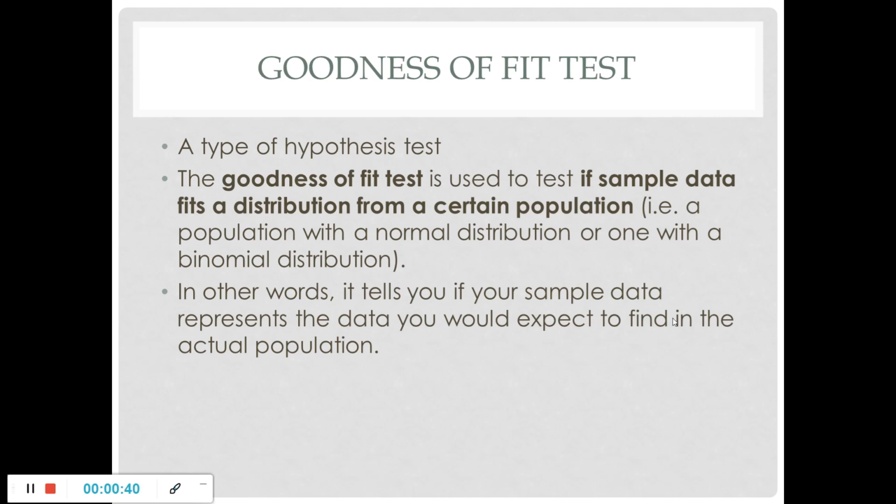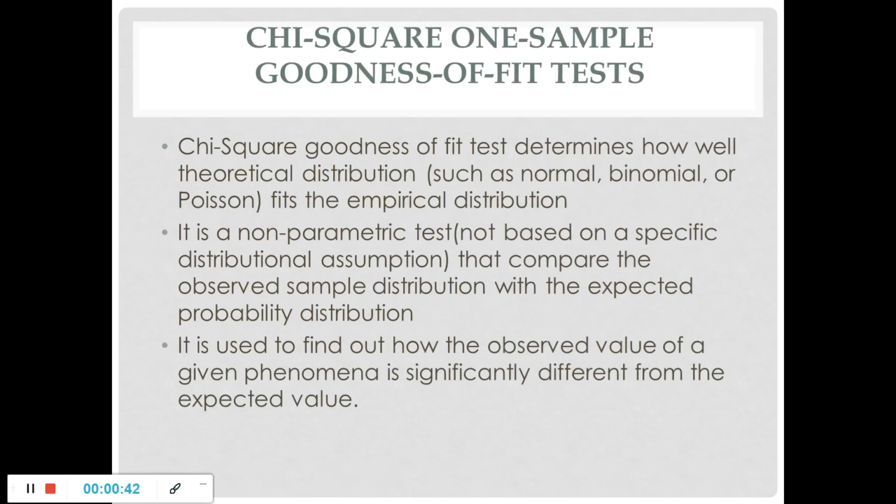You have a variety of goodness of fit tests, and the chi-square one sample goodness of fit test is one such test that can be used to test the goodness of fit of a sample to its population. The chi-square goodness of fit test determines how well a theoretical distribution such as normal, binomial or Bayesian fits the empirical distribution.